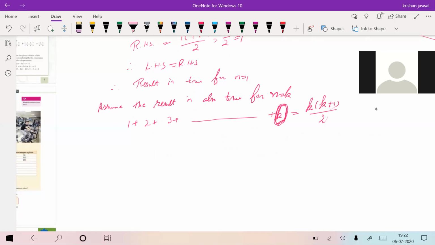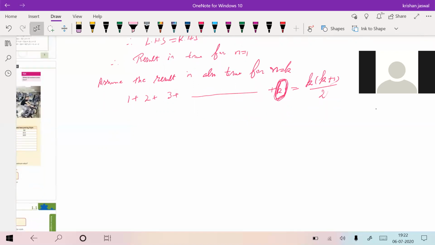If this is k, we suppose n equal to k plus 1, so we put k plus 1 in place of k. We will add k plus 1 to both sides.